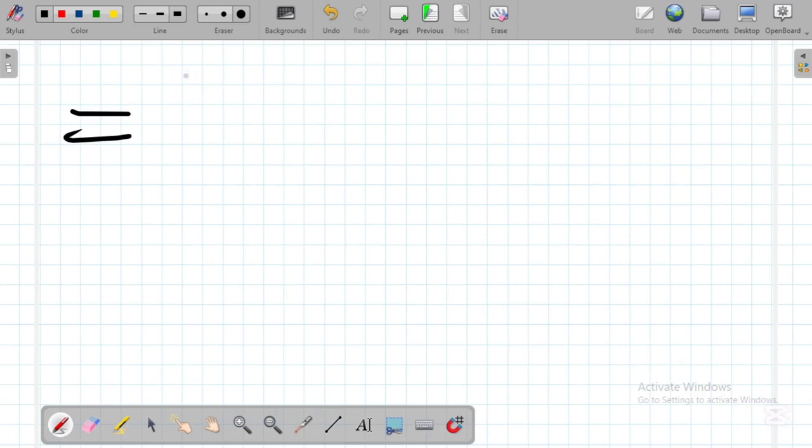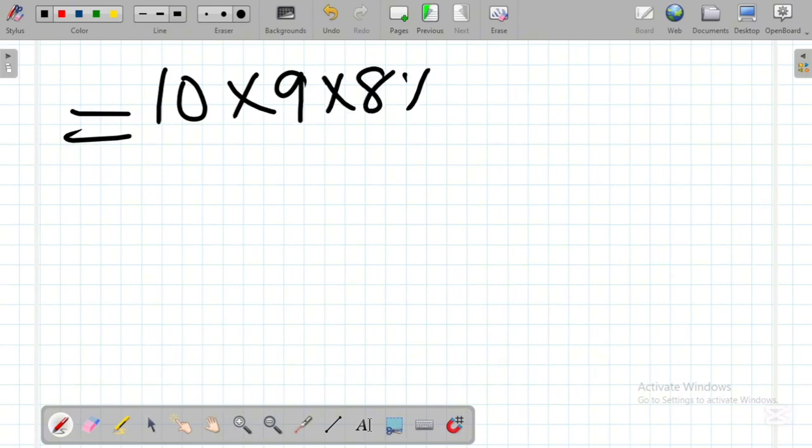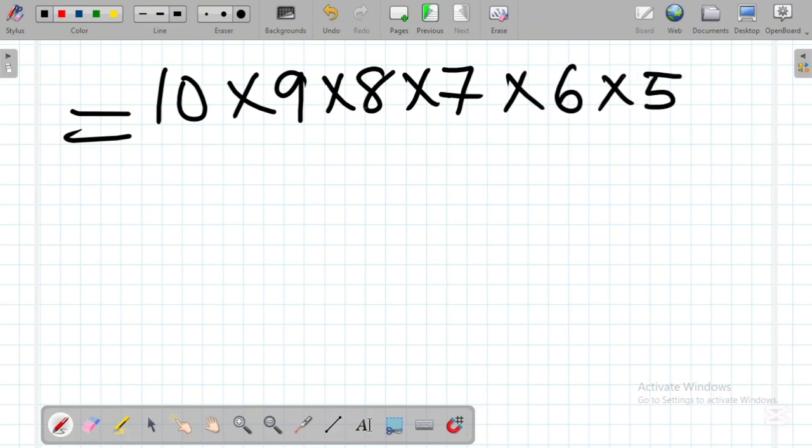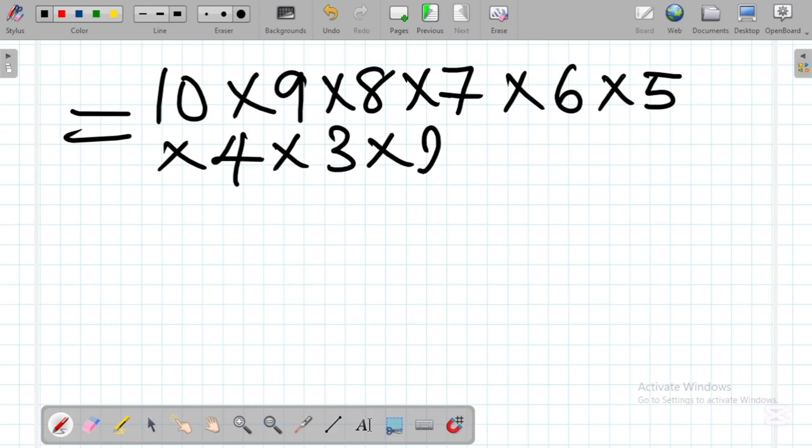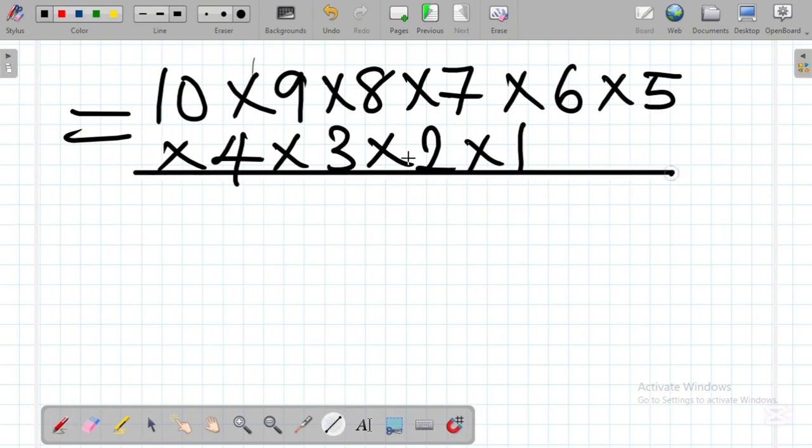So it's equal to 10 factorial, which is 10 multiplied by 9 multiplied by 8 multiplied by 7 multiplied by 6 multiplied by 5 multiplied by 4 multiplied by 3 multiplied by 2 and then multiplied by 1, all over 10 minus 3 is 7. So we have 7 factorial.